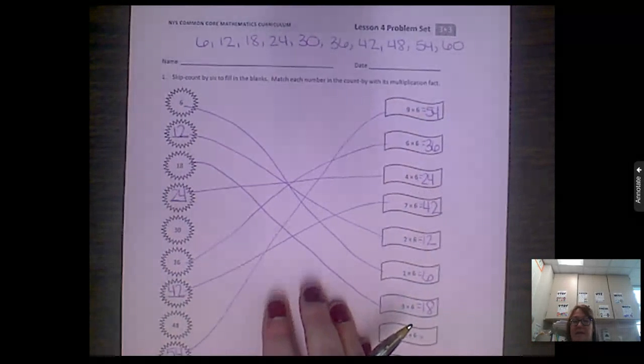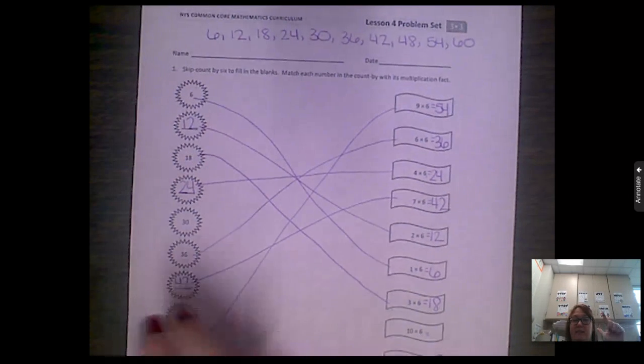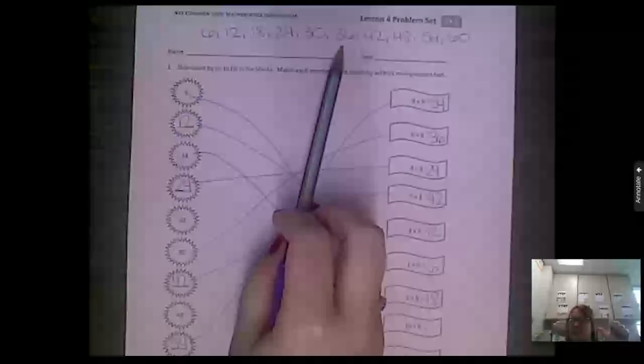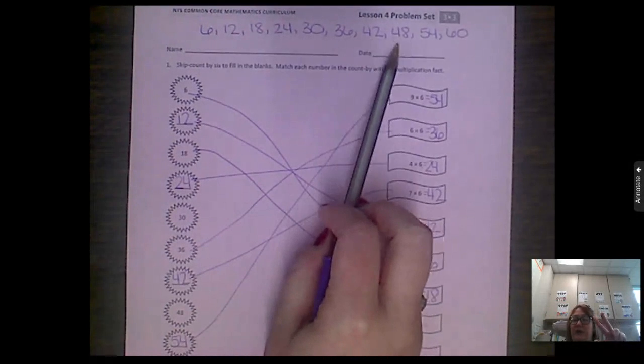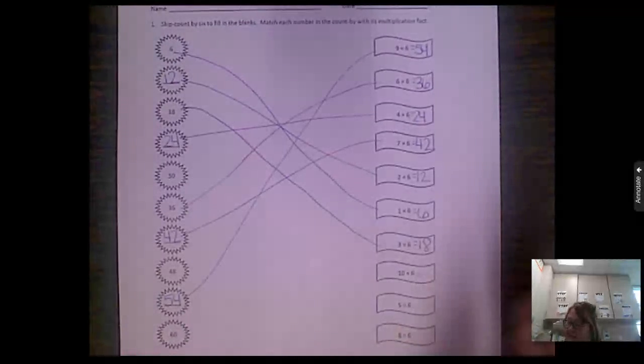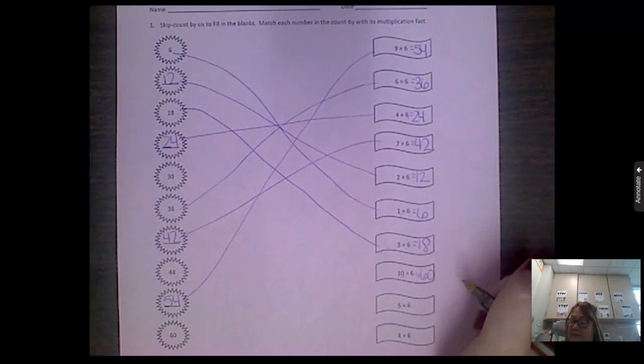Okay, here we go. 6, 12, 18, 24, 30, 36, 42, 48, 54, 60. So it equals 60, right? And the same thing. So we said we multiply by 10. I can take that 6 and then just add that 0 on there, and that gives me 60.